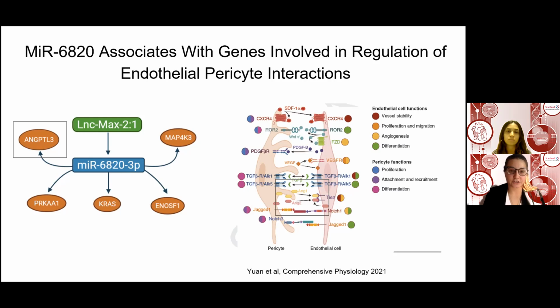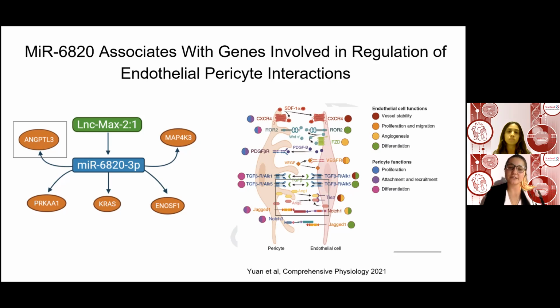The reasons these are interesting is that angiopoietin-like 3 interacts with Tie2, a tyrosine kinase that is important in endothelial cell parasite interactions and vessel stabilization.